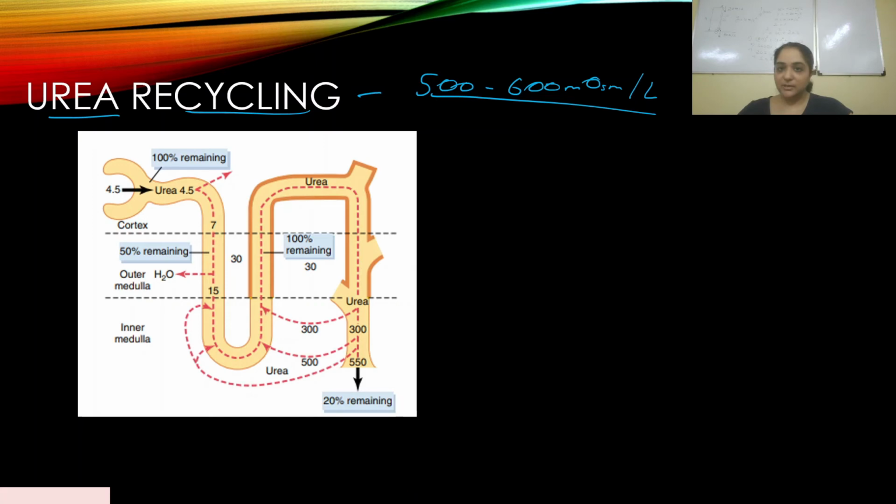So urea plays an important role along with sodium chloride and water in the countercurrent multiplication. What urea recycling basically does is just add to that hyperosmotic region, that is all.